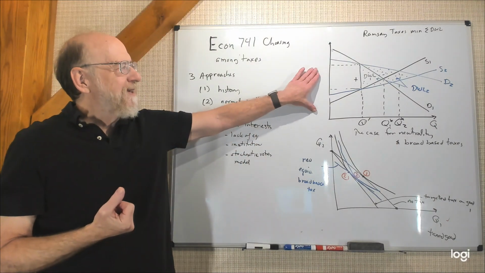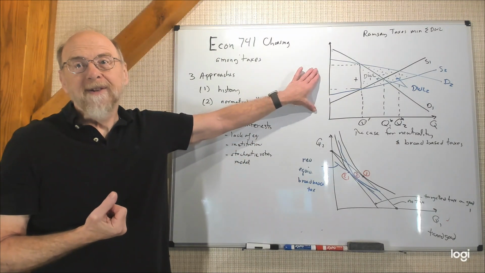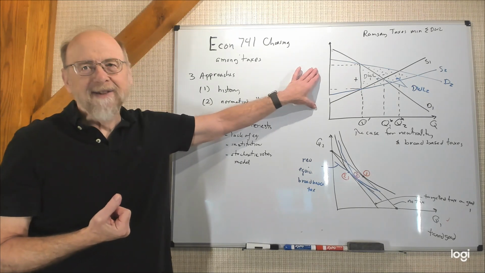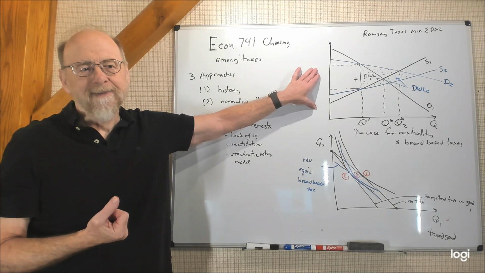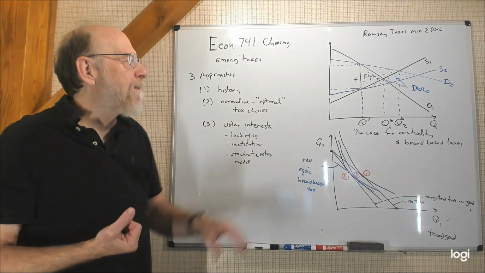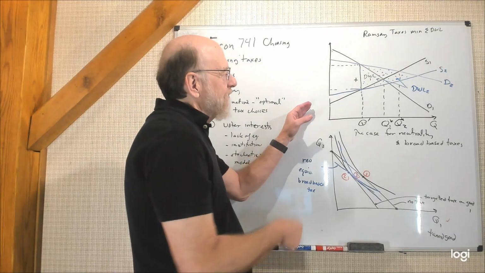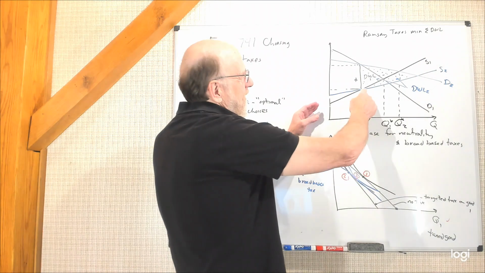This diagram is constructed to illustrate a particular point, which is essentially the logic behind the Ramsay ideas of taxation. So what I've done is I've constructed two markets.